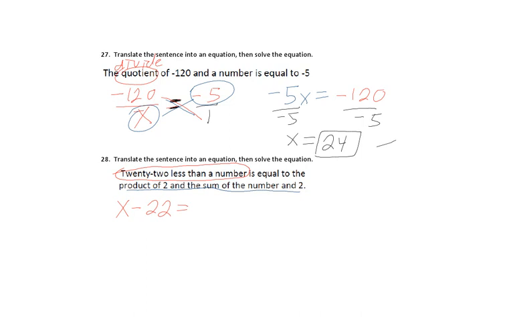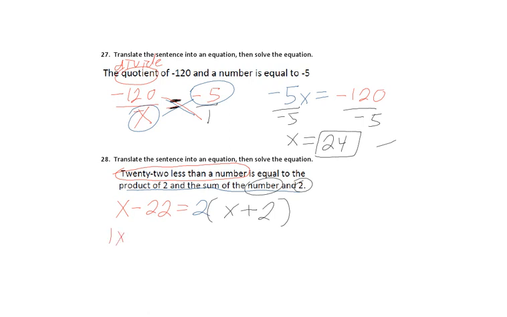So we're going to multiply something. So one thing we're going to multiply is 2. Then afterwards it says the sum. So I'm going to do parentheses with a plus sign in the middle, because sum means add. Sum of what? A number and 2. So x plus 2.